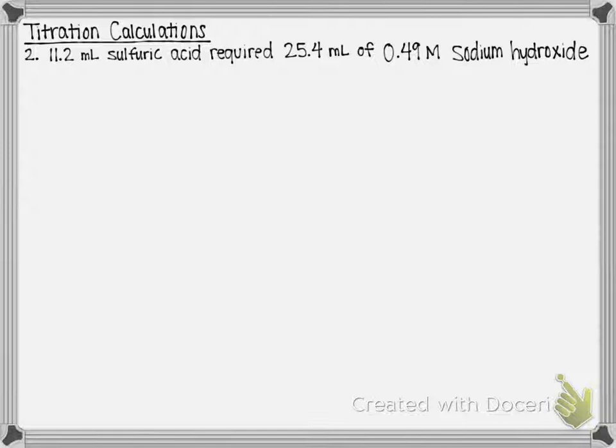Problem number 2 says 11.2 milliliters sulfuric acid required 25.4 milliliters of 0.49 molar sodium hydroxide. So again, you are using MaVaCb equals MbVbCa. In order to get your coefficients, you need a balanced equation.